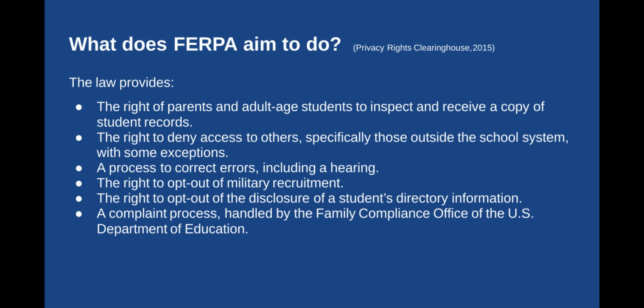Directory information is different from personally identifiable information. Each school determines what their directory information contains, like names, addresses, phone numbers, whatever the school has determined is going to be their directory information. They have to notify families about what can be disclosed and what can't be disclosed.